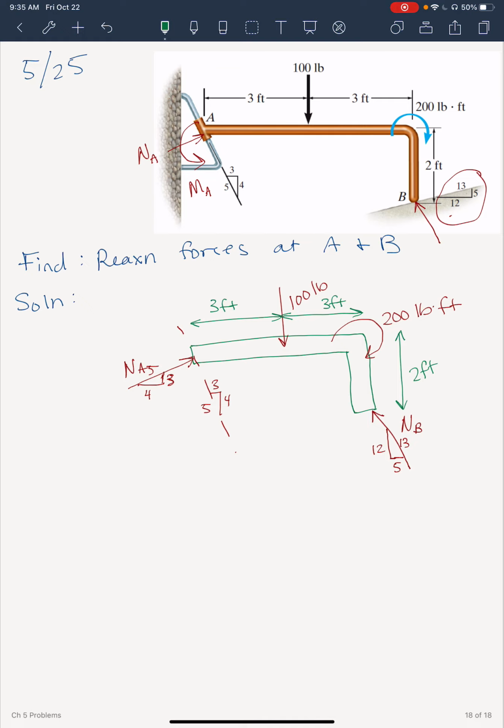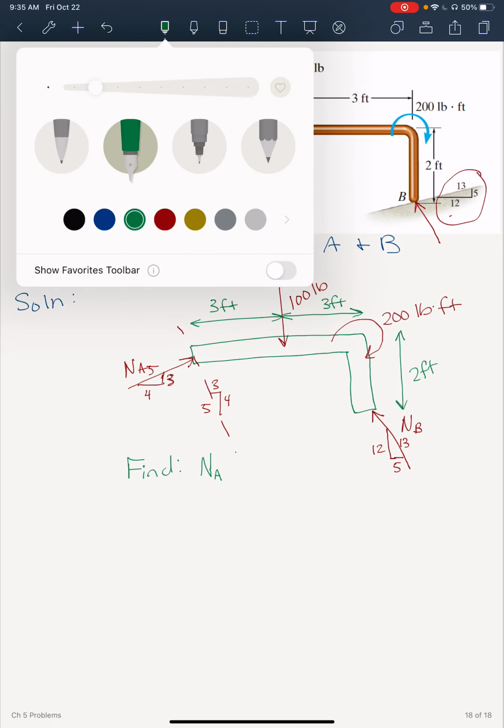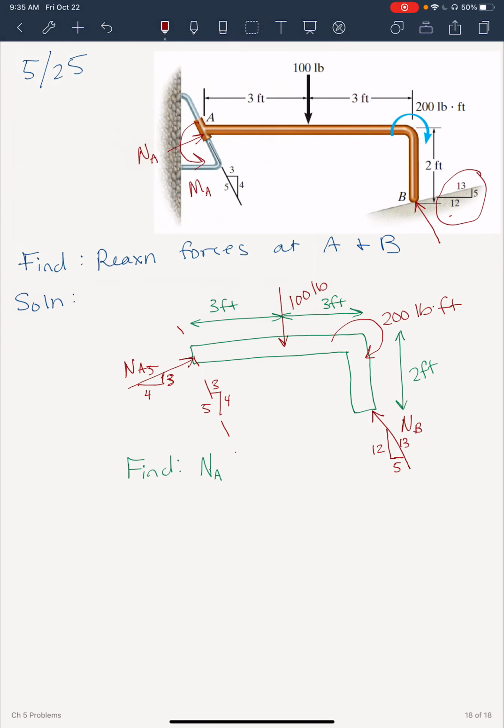We already put the directions of those normal forces. And then we'll need to be finding an A. Oh, and then forgot the moment. We also have the moment about A. So we're going to find NA, MA, and NB.